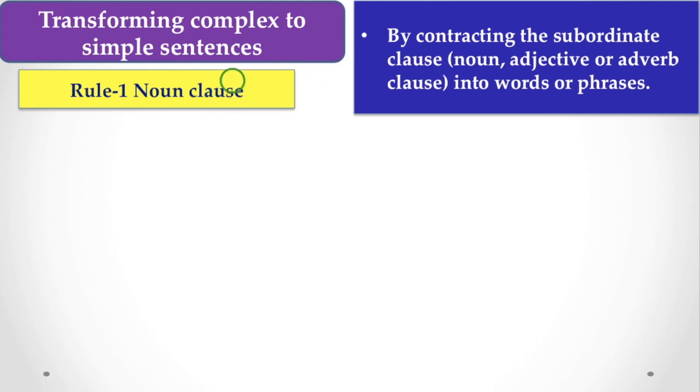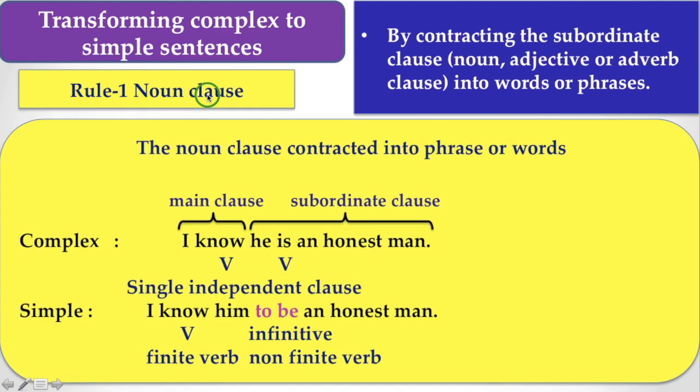So now I am going to tell you how to contract the noun clause in a sentence. So let's see the example. Here the noun clause is contracted into a phrase or words. Suppose this is a complex sentence, that is, I know he is an honest man.